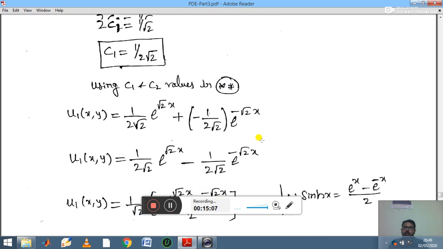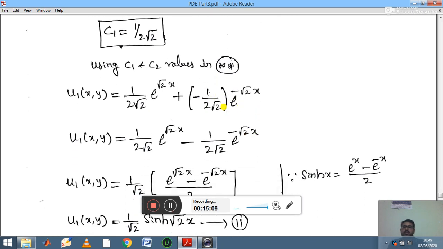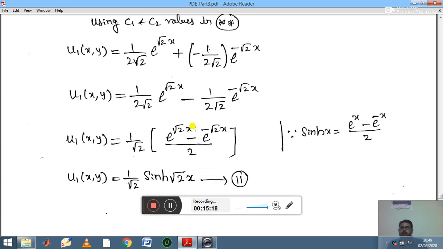This is your equation double star after substituting the c1 and c2 values. Then you multiply, plus into minus gives a minus sign. Then you take 1/√2 common in both the terms. If you take 1/√2 outside, you get (e^(√2 x) − e^(−√2 x))/2.